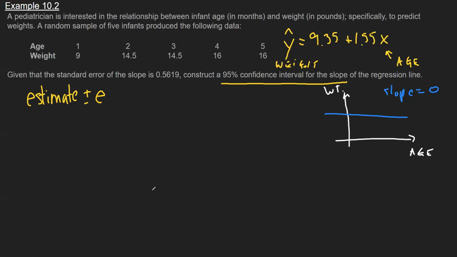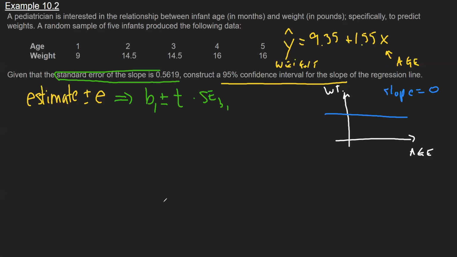So for chapter 10, if you're doing the confidence interval for the slope, well, the estimate of our slope was B1. And then we'll skip the derivation for PSTAT 5a. It's really beyond the scope of this course. And the book just gives you the formula, which is going to be a t-distribution times the standard error of the slope. Now, this is just one number right here that is usually given to you.